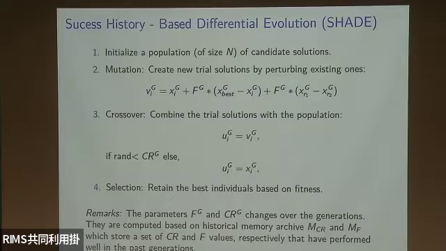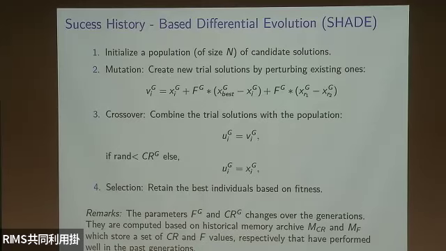You retain the best individual based on the fitness, meaning those solutions that give a lesser function value will be retained. And here, the hyperparameters F sub g and CR sub g change over the generations, because in standard differential evolution, they are constant. They are computed based on a historical memory archive, which stores a set of CR and F values.